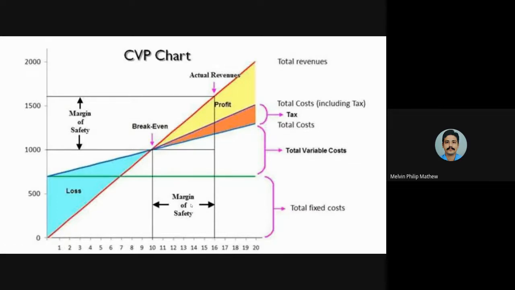No need to write down the values that are shown here. Just draw this. In the previous graph we drew in the notebook yesterday, just complete that. Include margin of safety and tax.